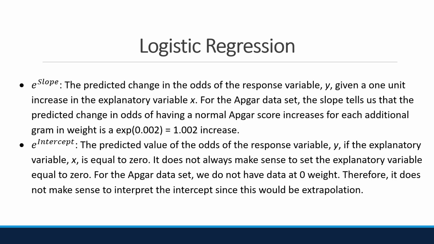For the APGAR dataset, the slope tells us that the predicted change in odds of having a normal APGAR score for each additional gram in weight is equal to e to the 0.002, which is equal to a 1.002 increase. E to the intercept: the predicted value of the odds of the response variable y if the explanatory variable x is equal to 0. It does not always make sense to set the explanatory variable equal to 0, and for the APGAR dataset, we do not have data at 0 weight, therefore it would not make sense to interpret the intercept.